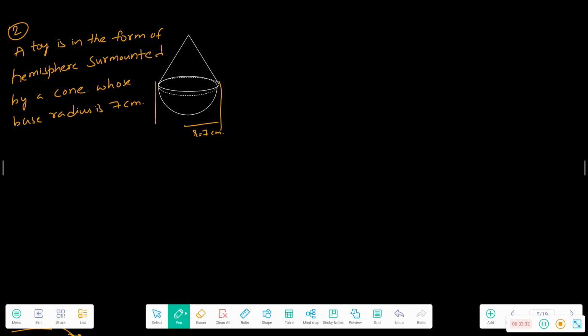He asked us to calculate the height of the cone and the surface area of the toy. Height of the cone we need to find.